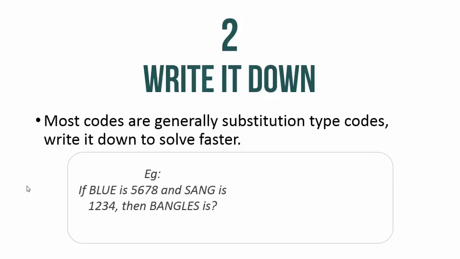For example, if you remember this particular example that we had previously, if blue is 5678 and sang is 1234, then what is bangles? Writing it down helps us get to the substitution. Always remember that the type of codes and coding questions asked in the IBPS exam are fairly standard, so a good bit of practice in this particular reasoning question type is going to help you.